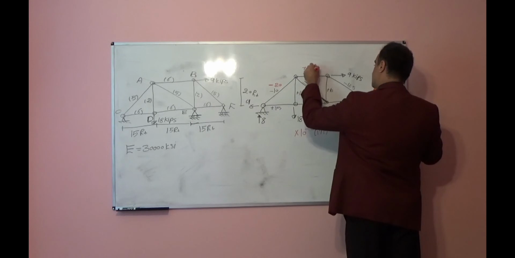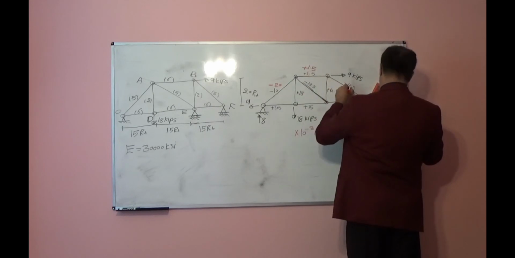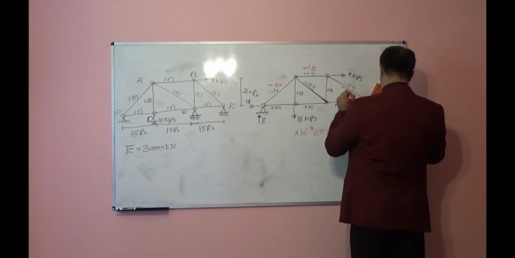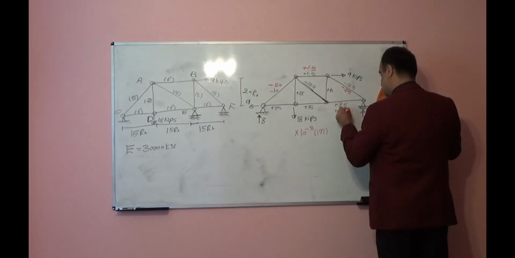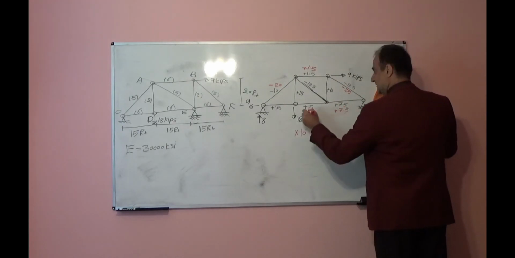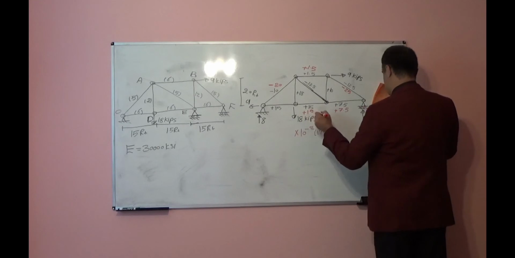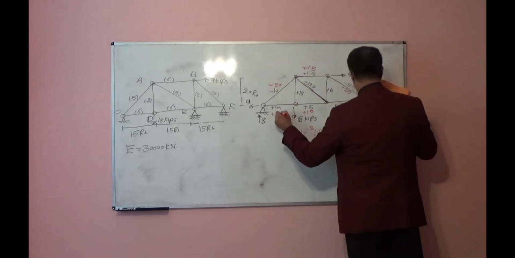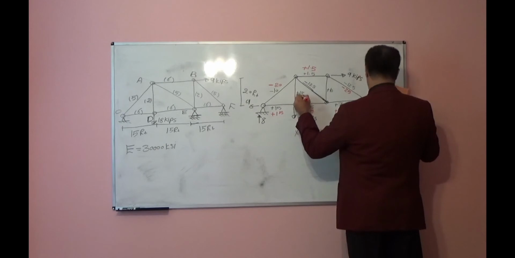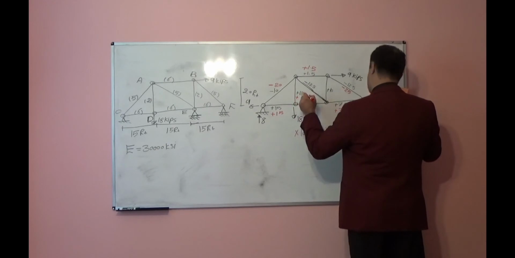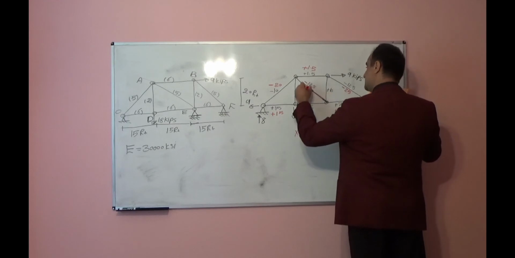Positive 1.5, negative 25, positive 7.5, positive 15, positive 15, positive 72, negative 25.